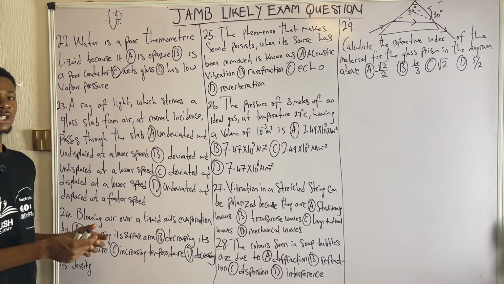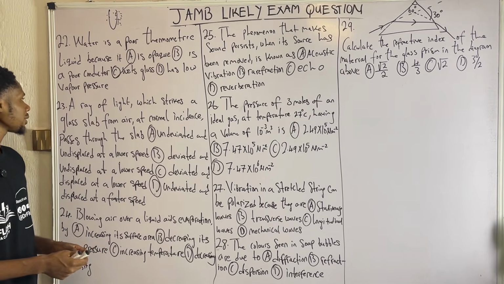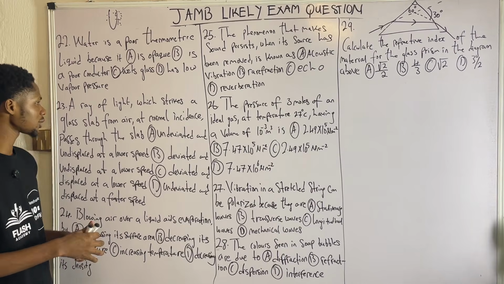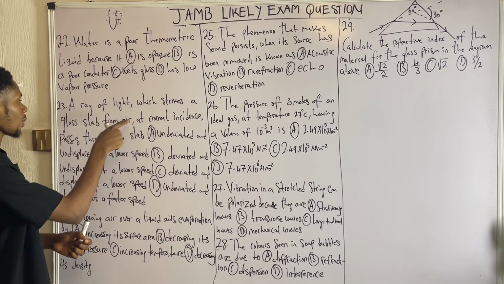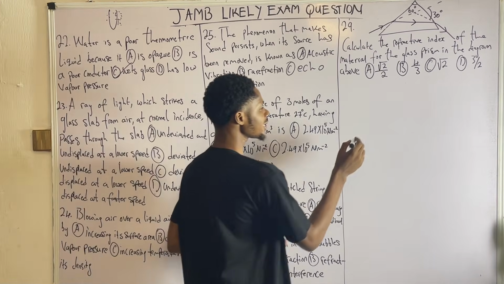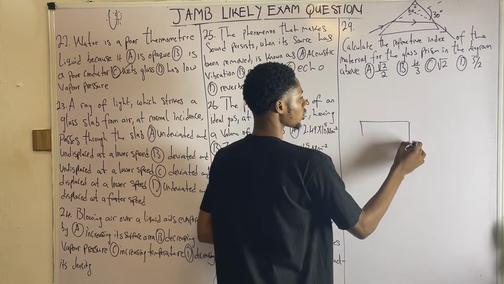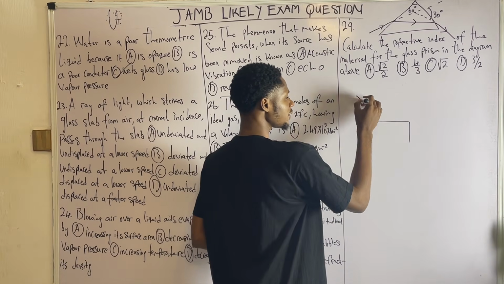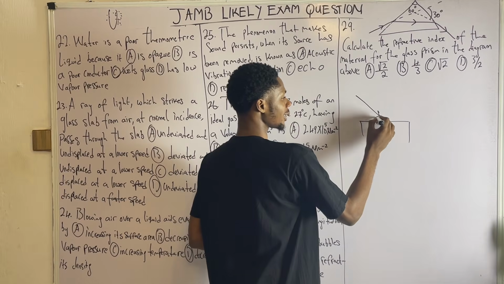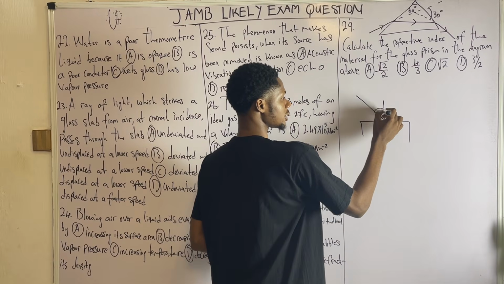It is important for you to understand the concepts of when a light ray passes through a different medium. In this case, it's moving from air to a glass slab. Let's say this is the glass slab. Normally if the light ray hits the glass slab, a normal is formed, and this is the incident angle.